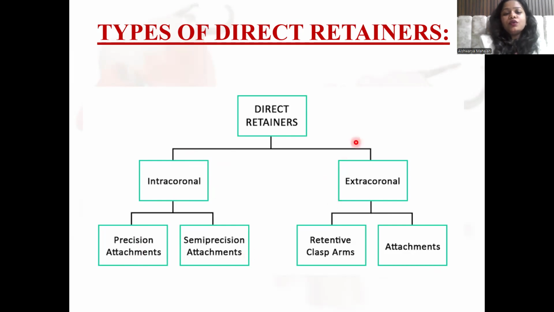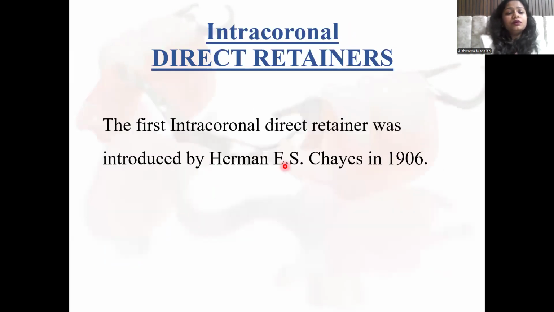Whereas the extracoronal retainers are outside the confinement of the abutment tooth, and these can be retentive type, which are again classified into suprabulge and infrabulge clasps, and attachments. So we'll read each of these components in detail now.